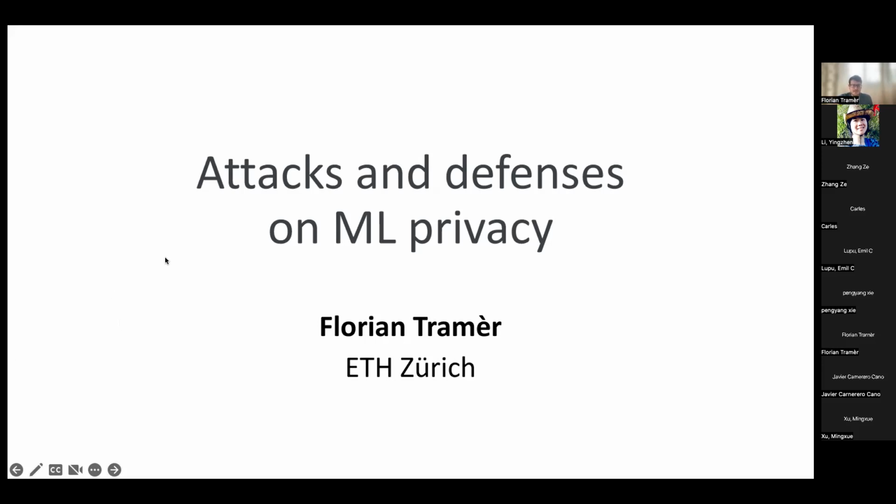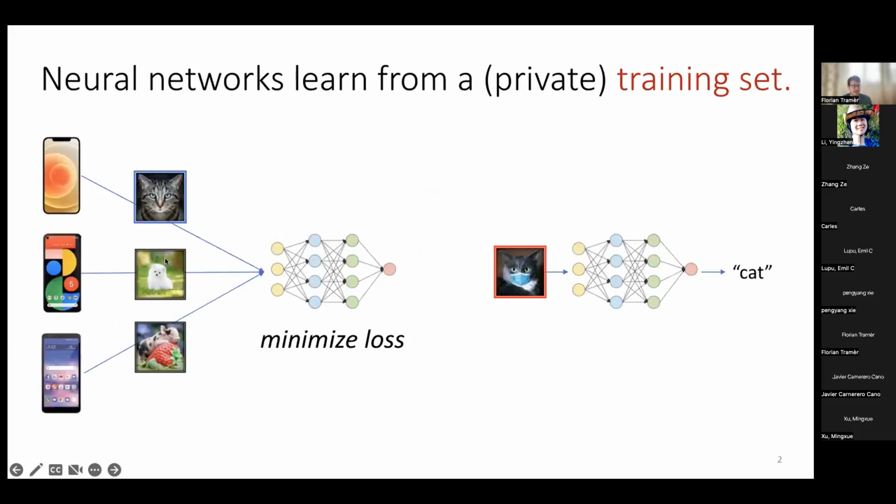So the setup for today is a very general training setup we'll consider for machine learning. We'll think about neural networks here, but everything we'll talk about applies generally, mainly for supervised machine learning, where you might collect a bunch of data from users and train a model, usually to minimize some form of loss.